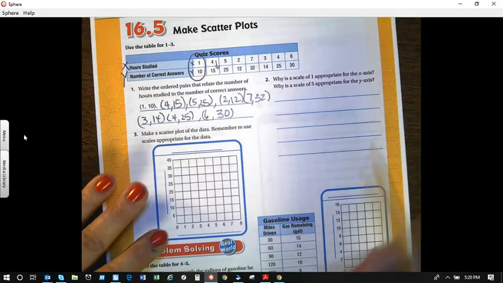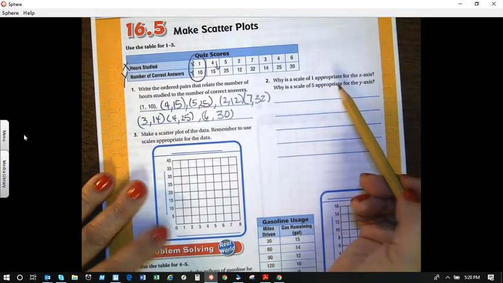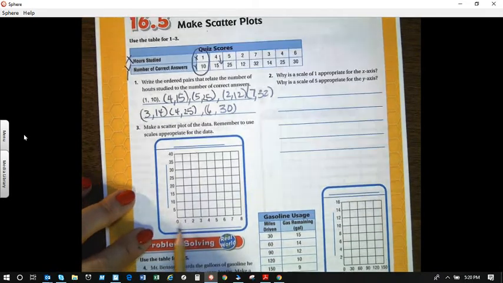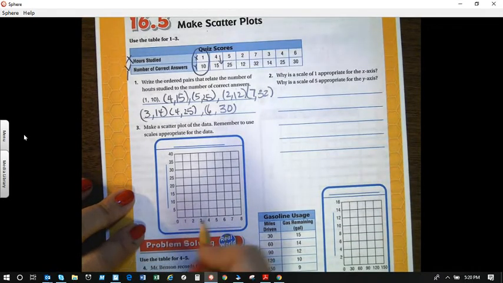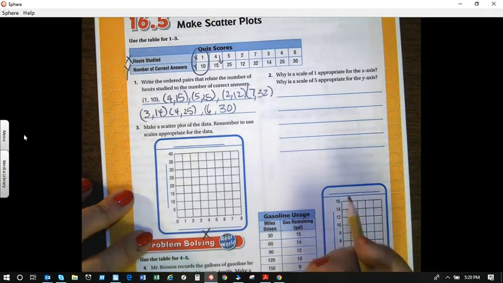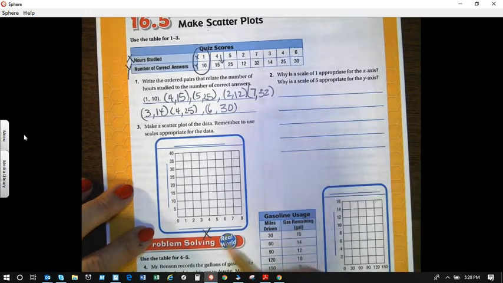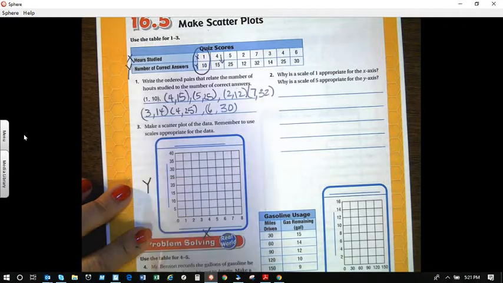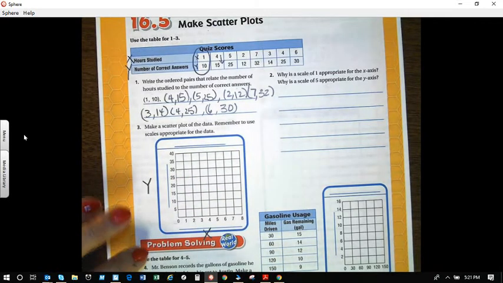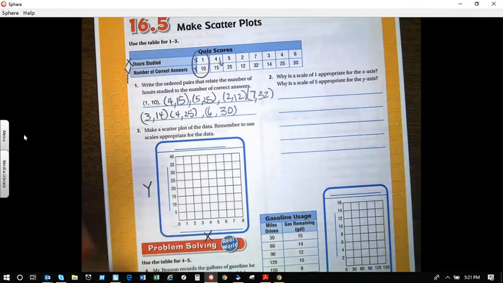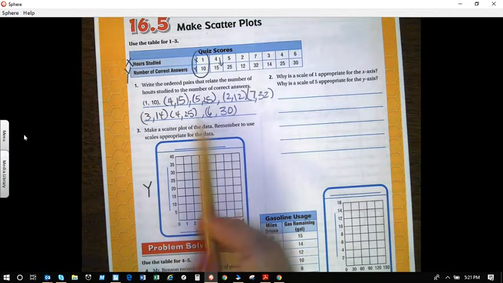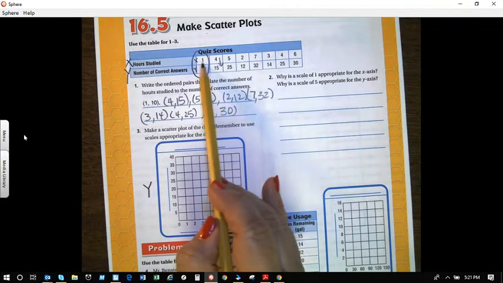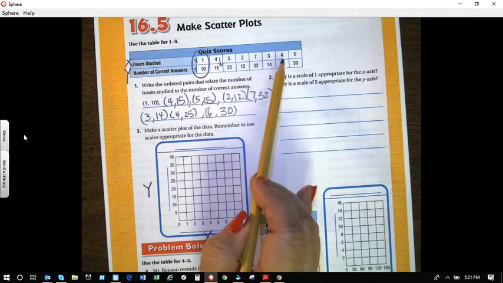Now, why is a scale of 1 appropriate for the x-axis? We're looking here at the x-axis. I'm going to label this x, and do that one at y. If I'm looking at my scatter plot, I have my x: 1, 4, 5, 2, 7, 3, 4, and 6.